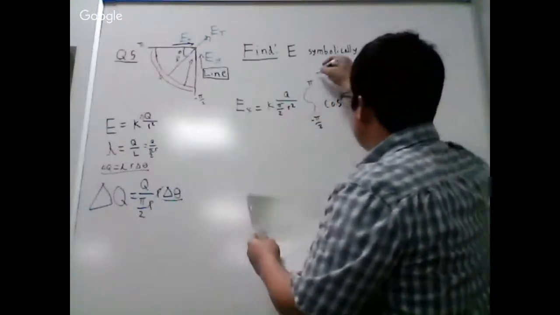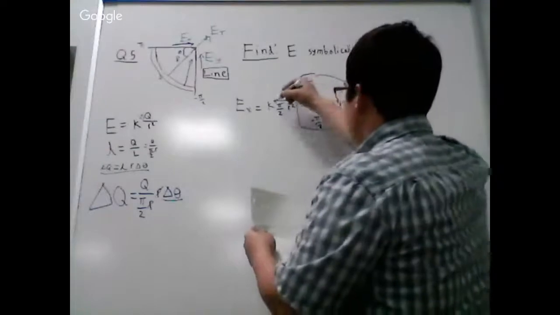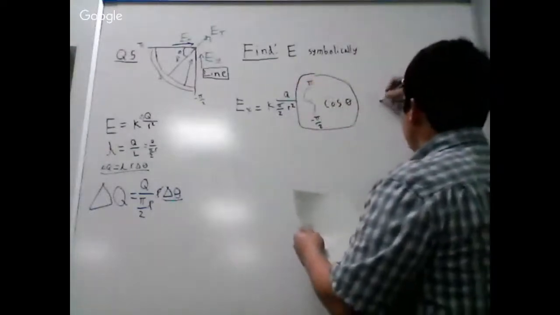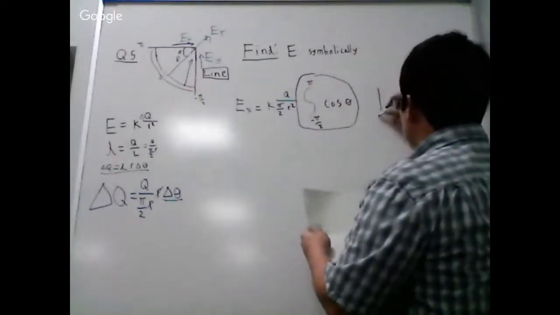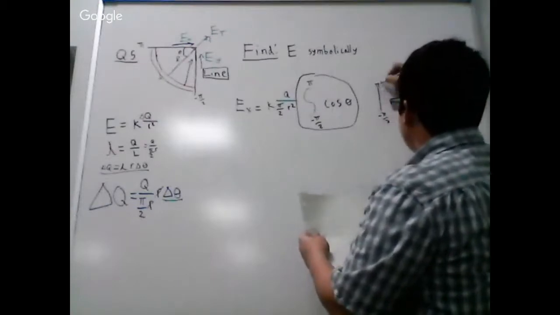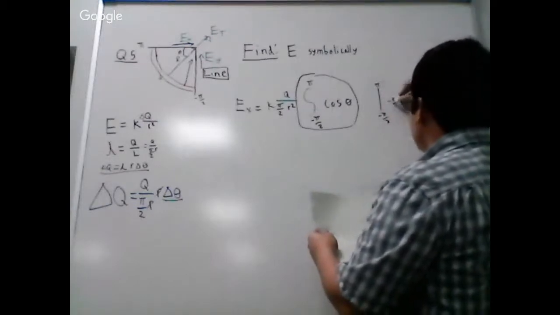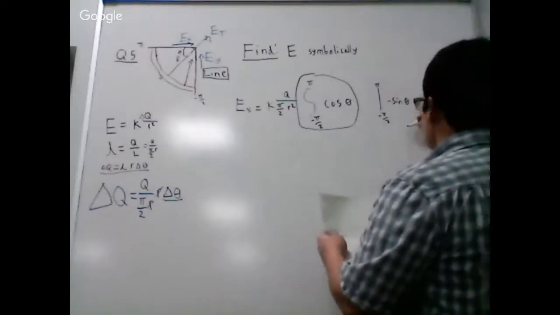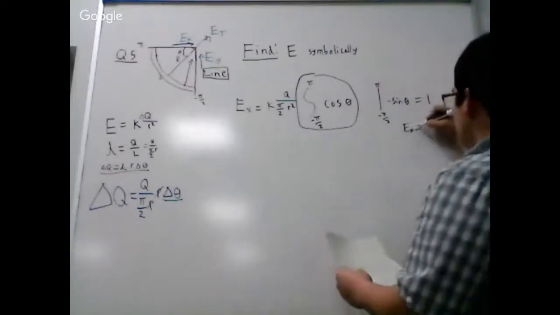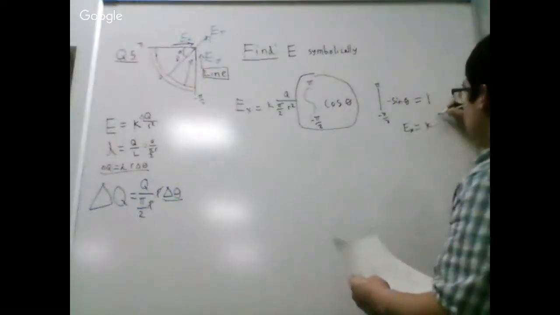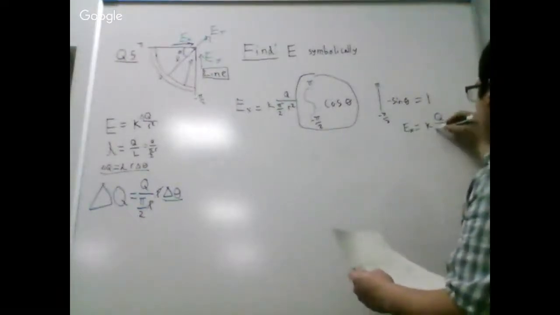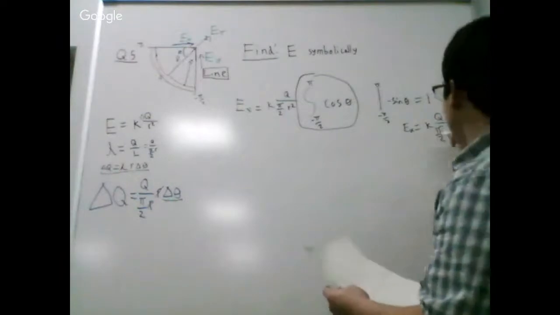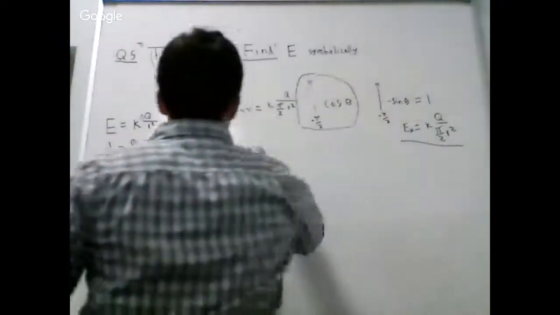Now, if we integrate just this part here, because that's going to be on the outside, this is going to be from negative pi halves to pi times the negative sine of theta, and that actually comes out to just be 1. So E of the x direction is just going to be K times Q over pi halves R squared.